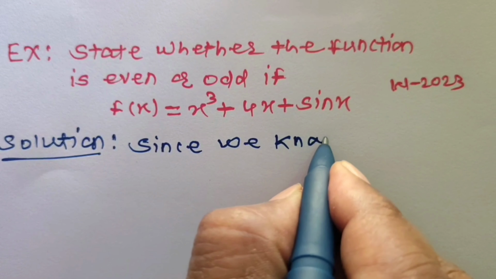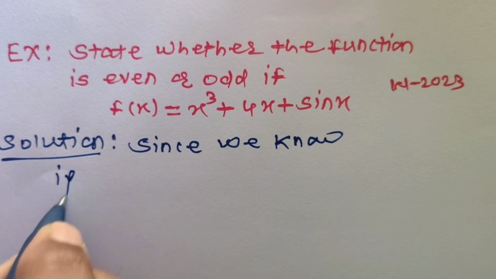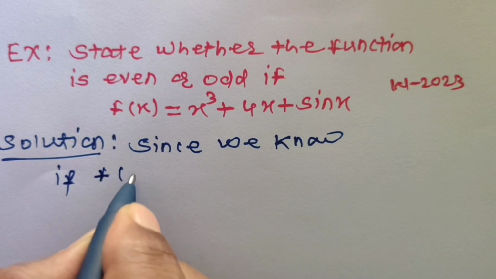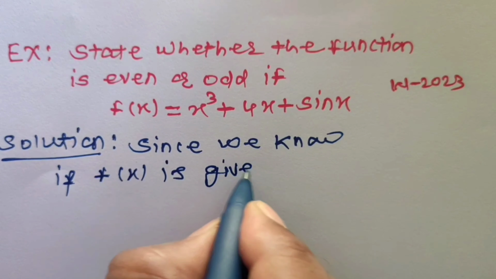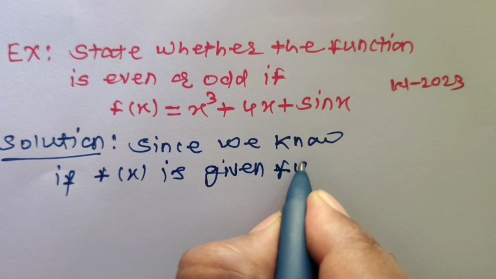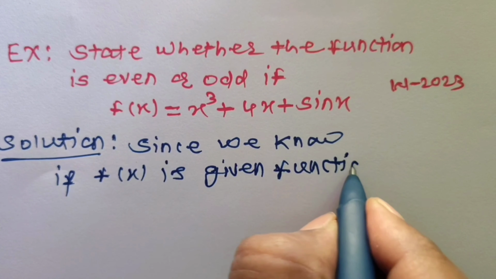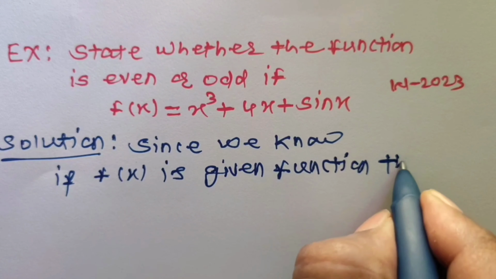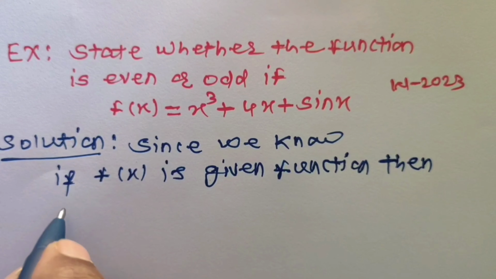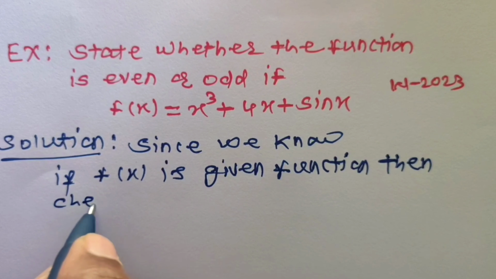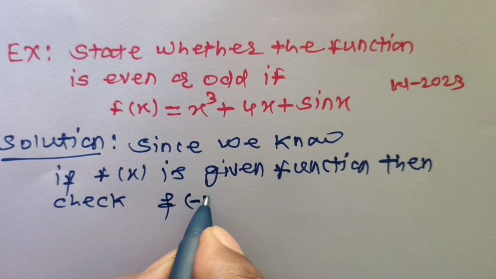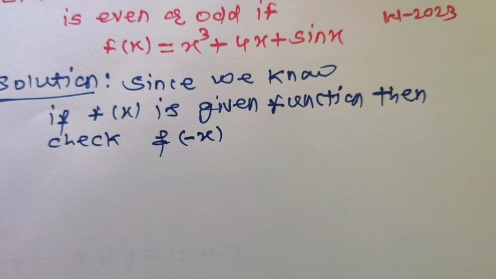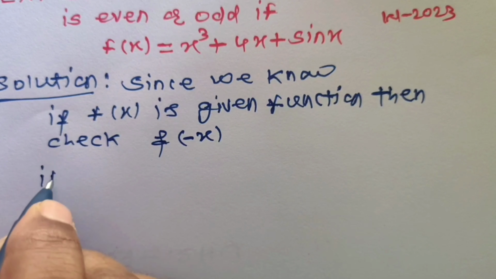Since we know that if f of x is the given function, then replace x by minus x in f of x and check what f of minus x is equal to.